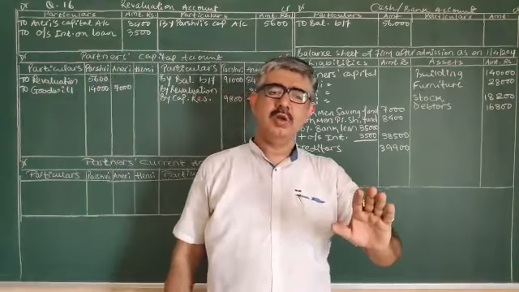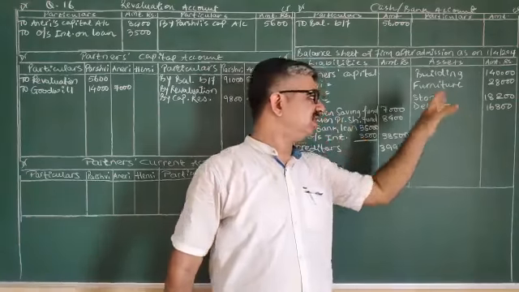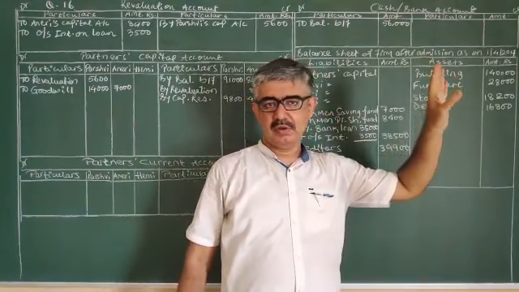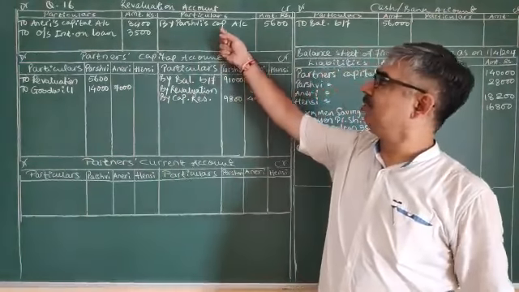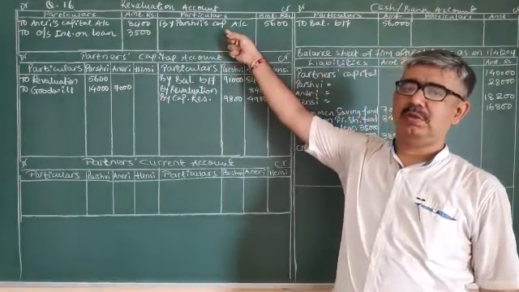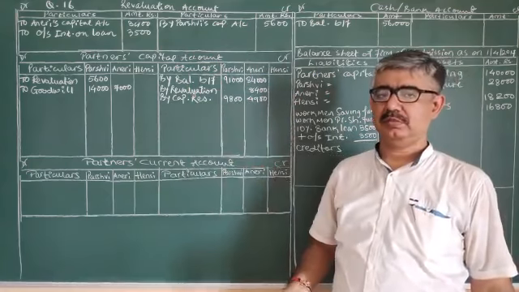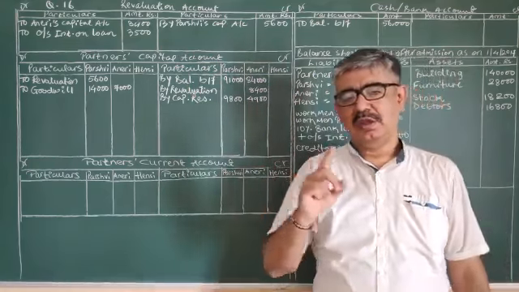Remaining all very quickly, only 5 items, no adjustments. Okay, clear? And that's why I draw this particular format very small, because no adjustments are there.